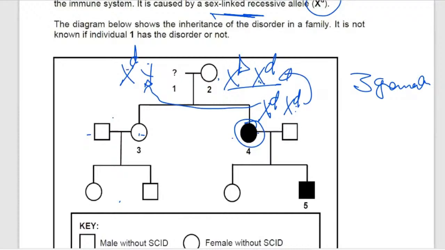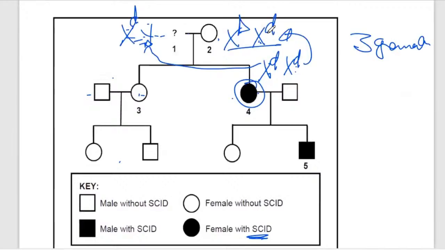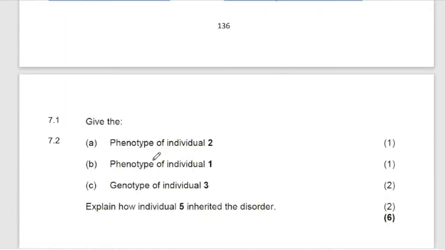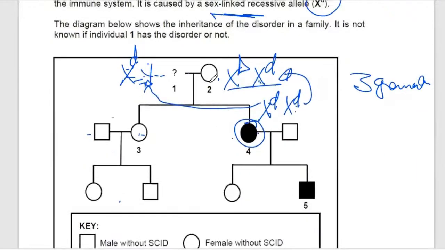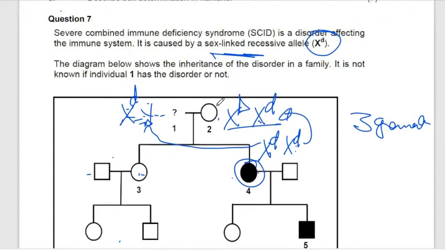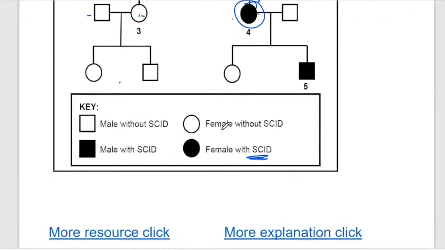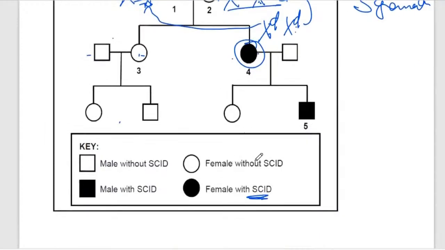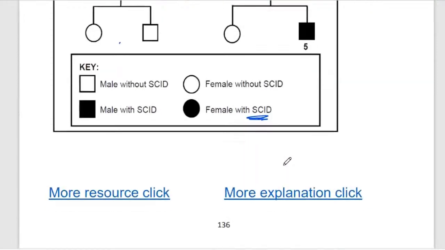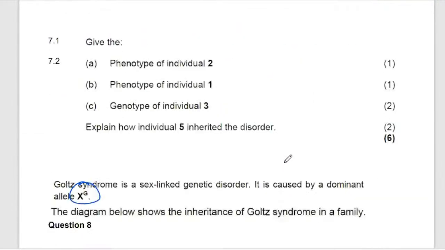How do we identify this? Now let's go to the next question. Identify the phenotype of individual two. So we have said that this person is normal, a normal female, a female without the disorder.